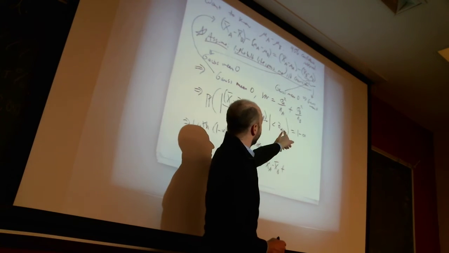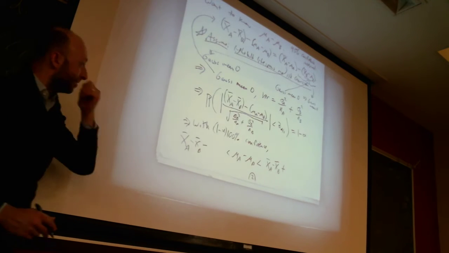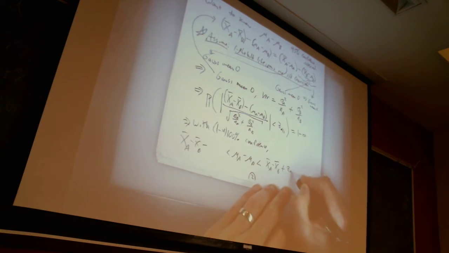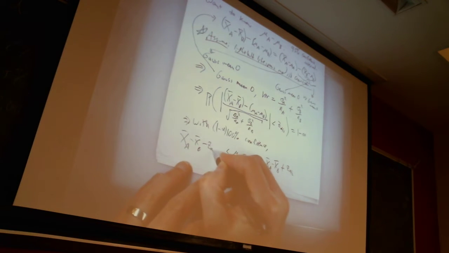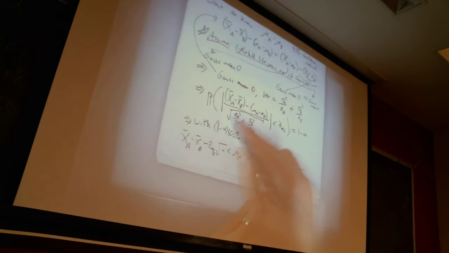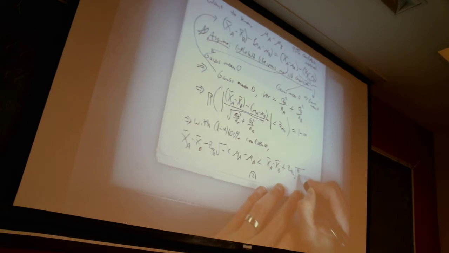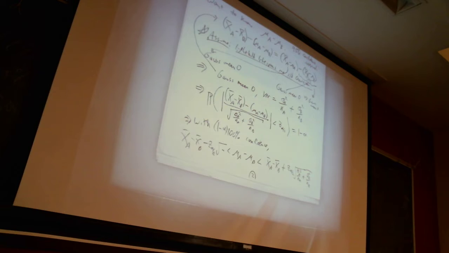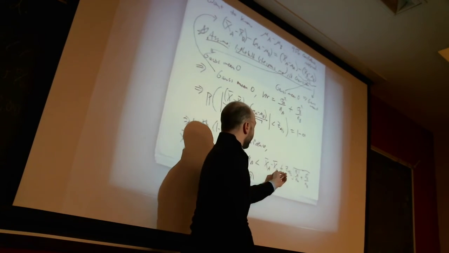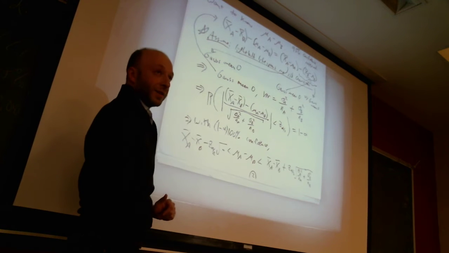The plus is whatever that number is, 1.96 or something, z alpha over 2 times that big square root, sigma a squared over na plus sigma b squared over nb. Okay? This is the variance, this was the mean, and I have the same thing on the other side.